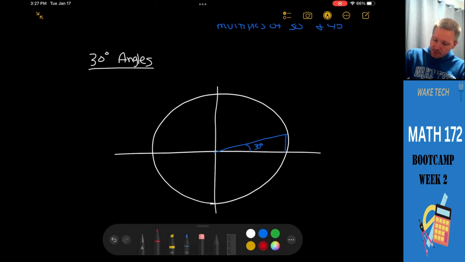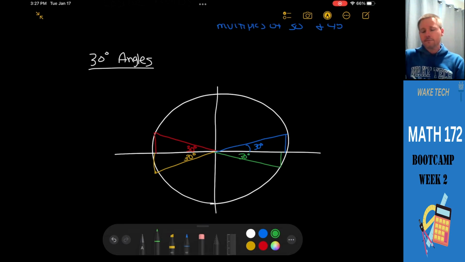What we're actually going to be doing is creating 4 30-60-90 triangles.